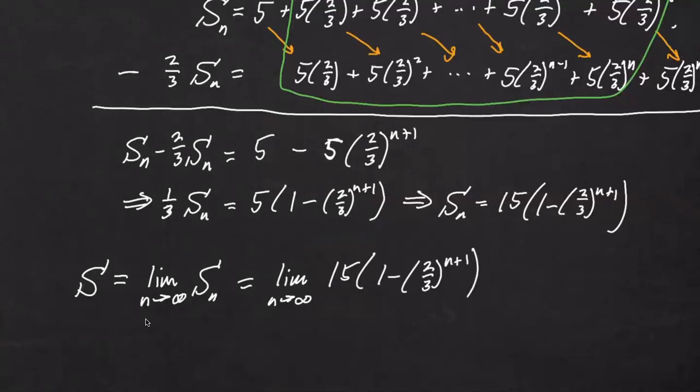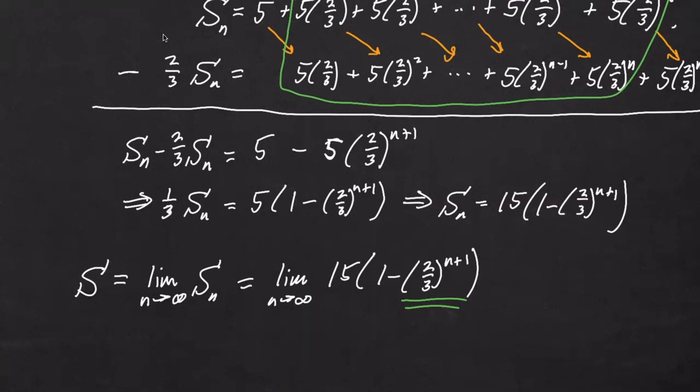And now what happens as n gets large? Well, look, if we take 2/3 and we multiply itself, we get 4/9. We multiply itself again, we get 8/27. The numbers get smaller, right? When we take a number between 0 and 1 to a larger and larger power, then that gets smaller and smaller.